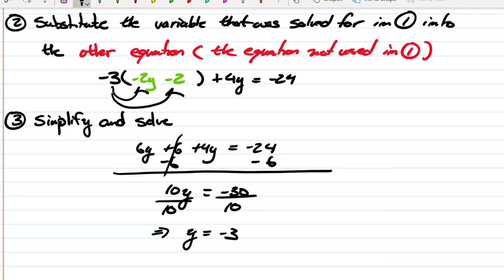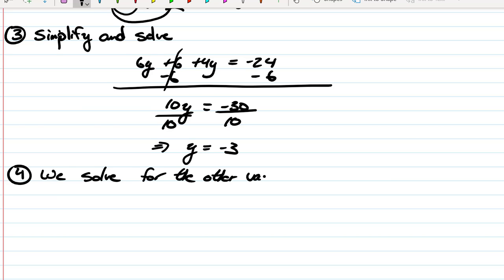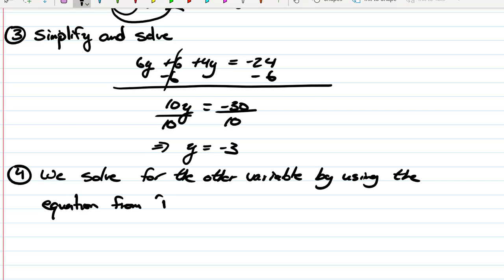Now, to finish, we need to find x. We have only half of our ordered pair. So step 4 is we solve for the other variable by using the equation from step 1.